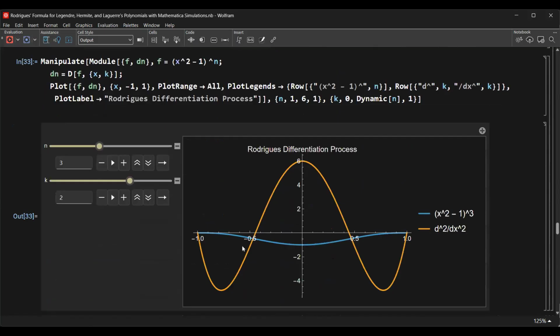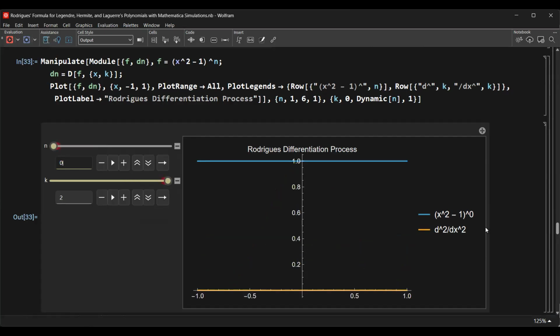Here we have, for example, the next step, plotting with Manipulate. So for example, the blue here is for n equal to 0. If this is equal to 0, then this is equal to 1. So y equal to 1 here is the corresponding value for the Rodrigues formula.